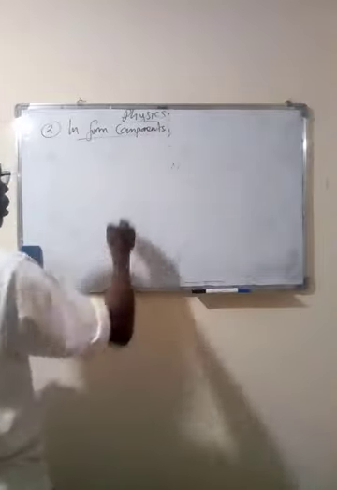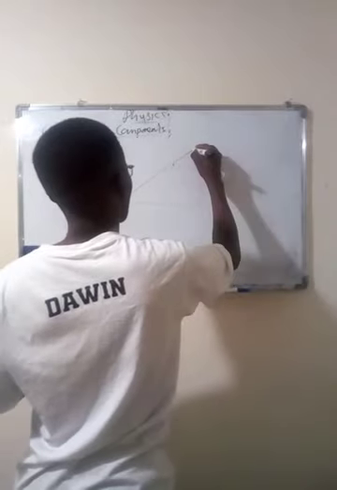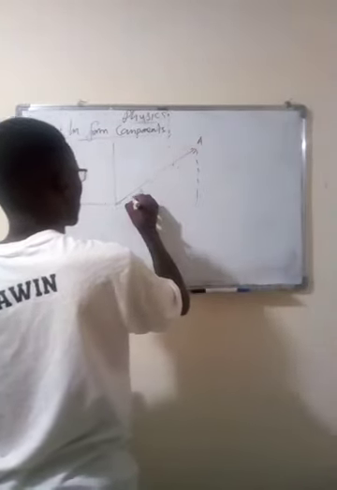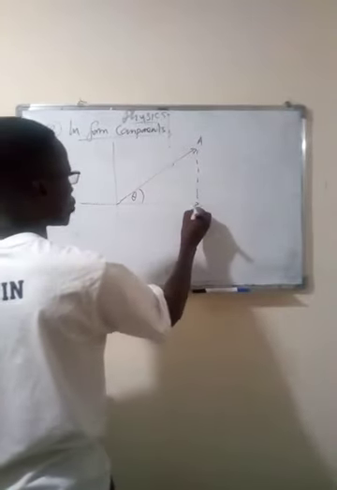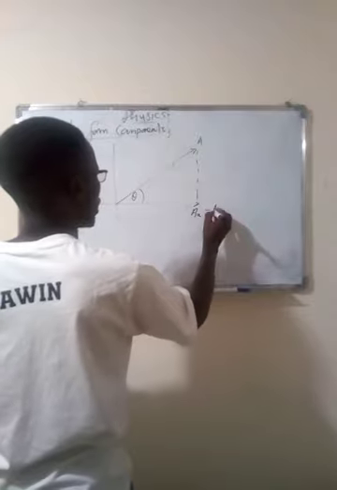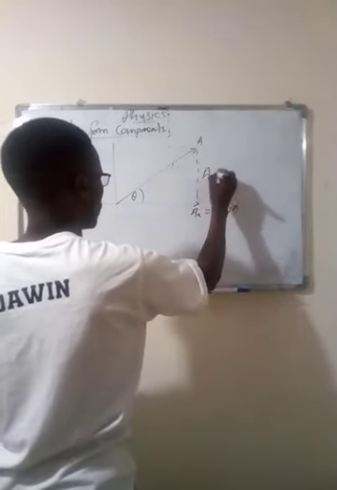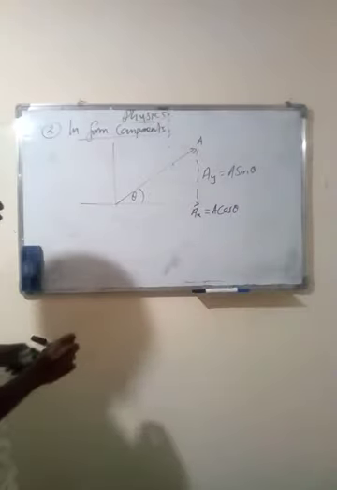Now remember what we said is that if we have a vector like this, if this is the vector A, then we have 2 components, and it's at the direction theta. We can say that we have the x component, which is AX, equal to A cos theta, and then AY is equal to A sine theta, right? That's what we should remember.